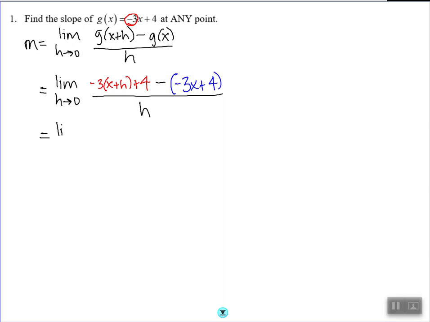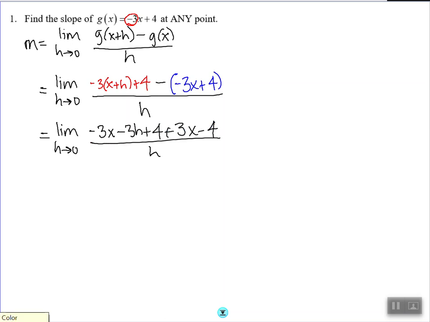So let's go ahead and do the algebra and start simplifying. If I distribute, I get -3x minus 3h plus 4 plus 3x minus 4 divided by h. Now, in the numerator, quite a few things cancel out.